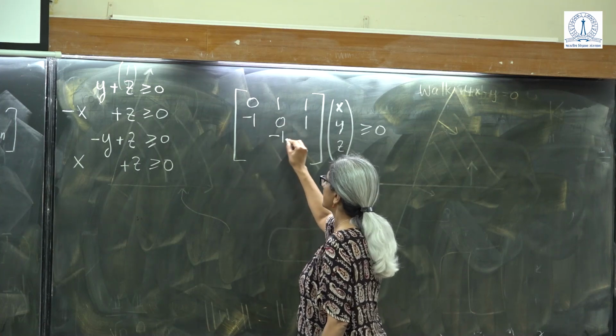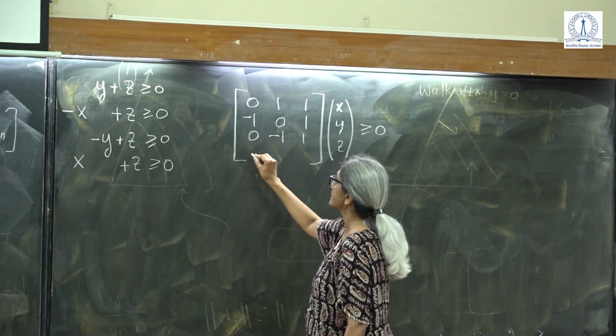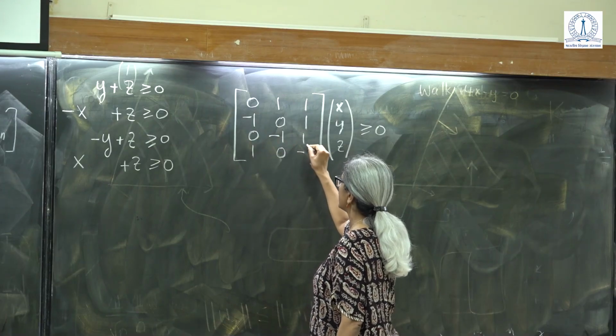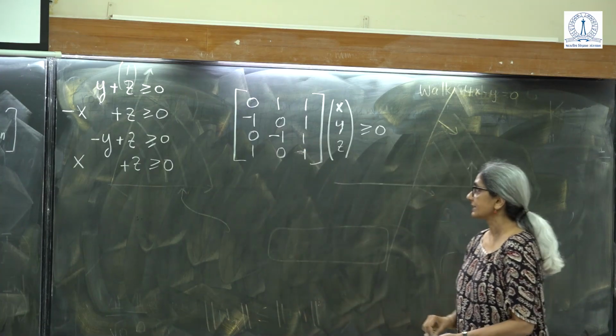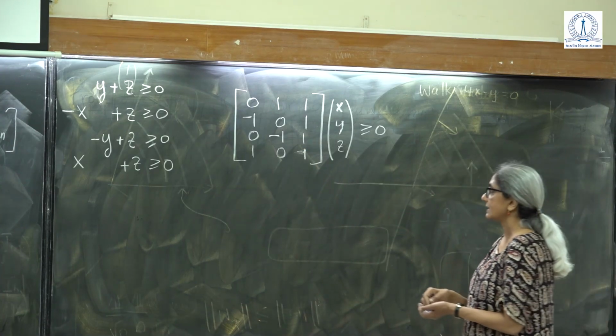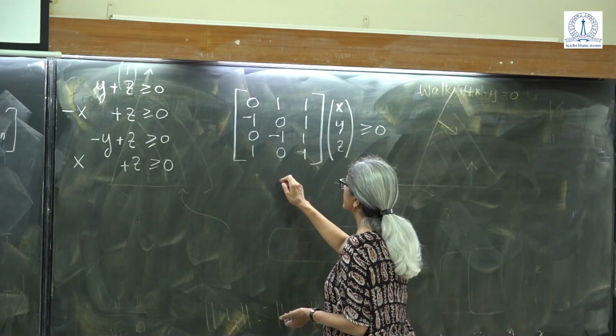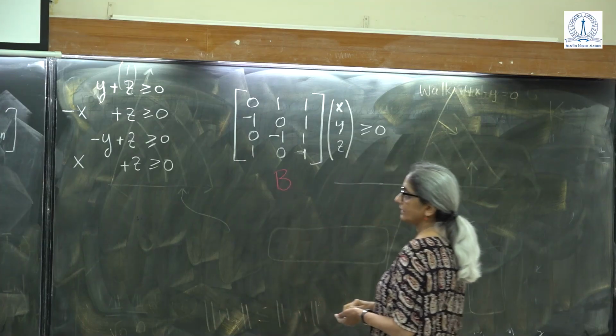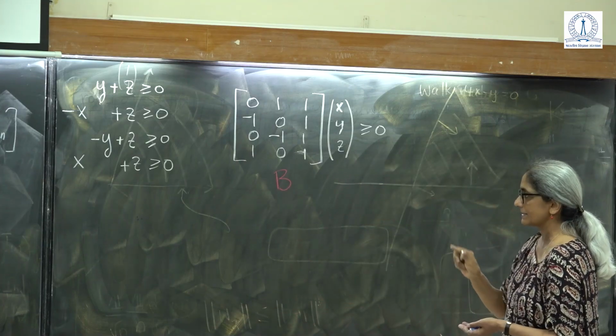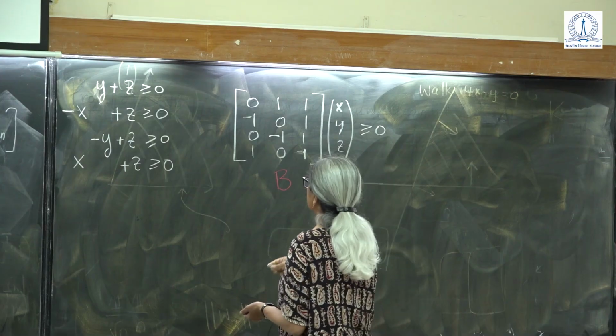The next one is minus 1, 1, 0. Then 1, 0, plus 1. Good. So this is the constraint representation. This is some matrix, let's call it B. So this is not the same as the other representation. That's what I want to point out.